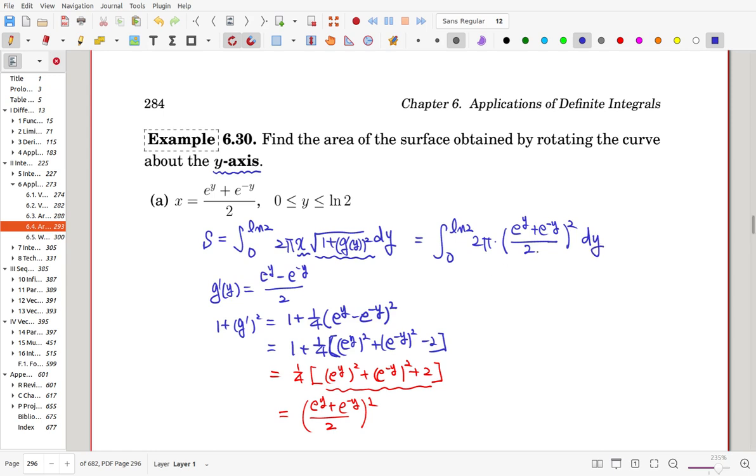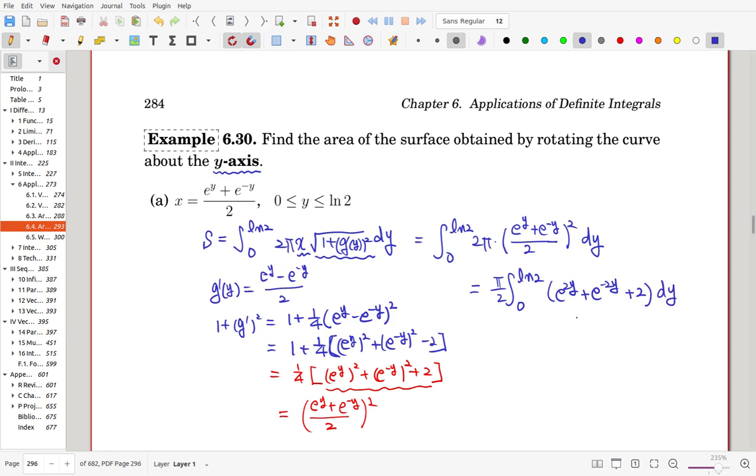Okay, that is 1/4, so that is the same as pi over 2 times the integral from 0 to logarithm 2 of that squared, which is the same as e to the 2y plus e to the minus 2y plus 2.